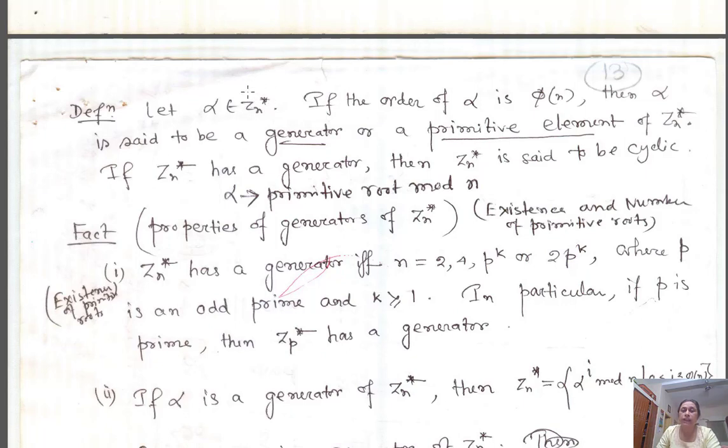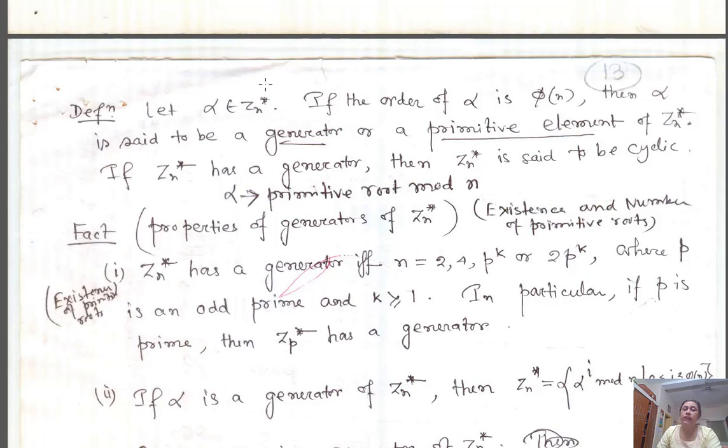This Zn star constructs a cyclic group under the multiplication operation. We say alpha is a primitive root modulo n. This alpha, which is a generator or primitive element of Zn star, is also sometimes called a primitive root modulo n.